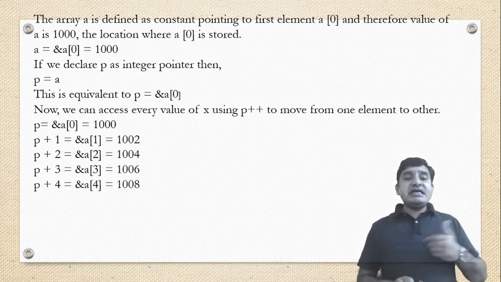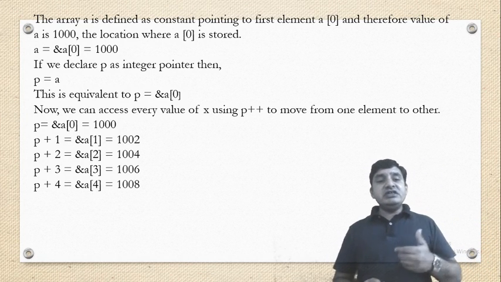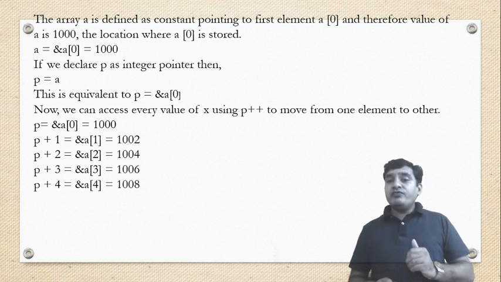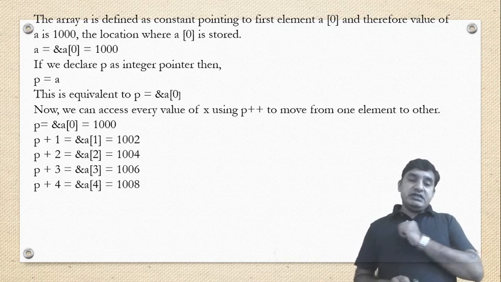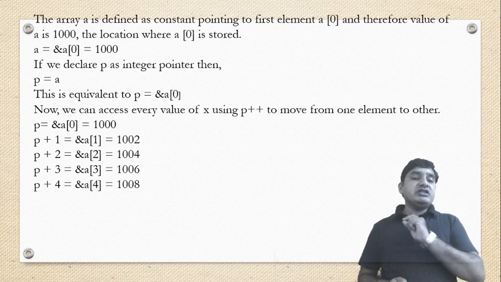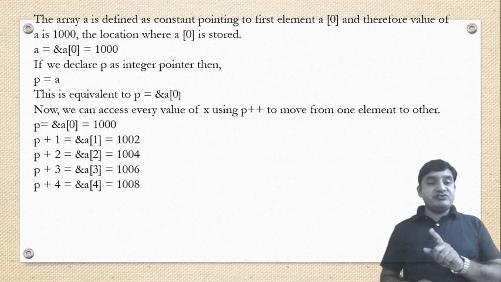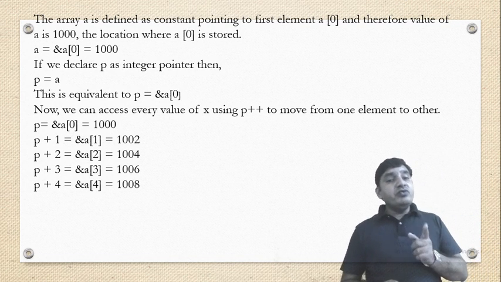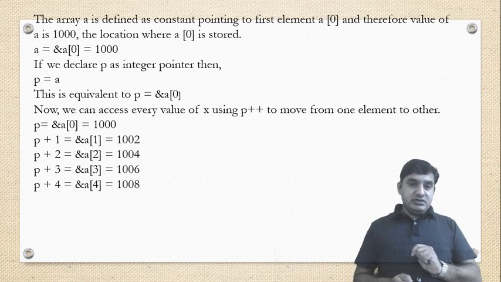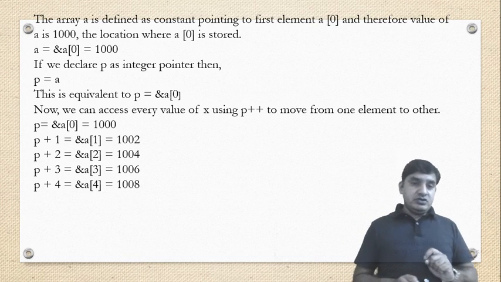Now we can access every element using p, incrementing it to move from one element to another. p is equal to the address of the first element, 1000. When it is incremented by 1, that is p plus 1, we get the address of the second element, 1002.